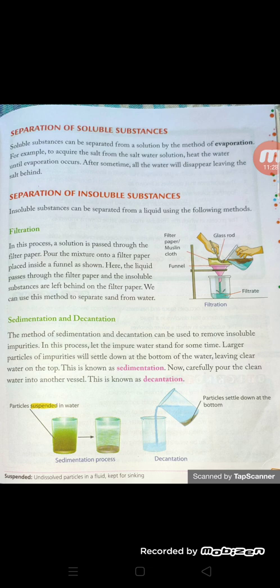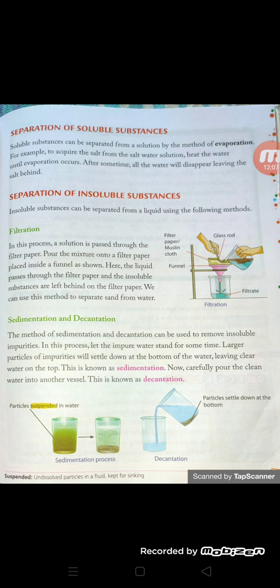Next is sedimentation and decantation. The method of sedimentation and decantation can be used to remove insoluble impurities, the things which are not soluble. In this process, let the impure water stand for some time. So what we have to do, simply without moving the container, we have to keep it so that it stands for some time.